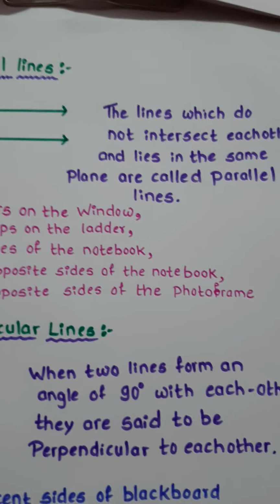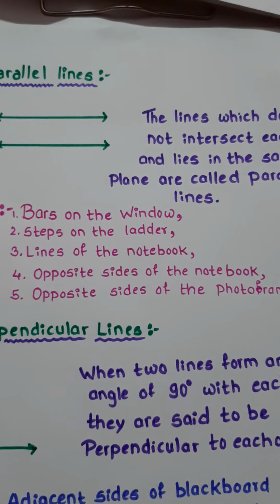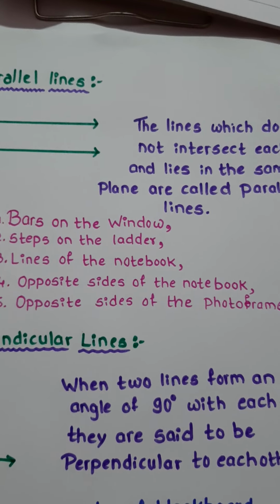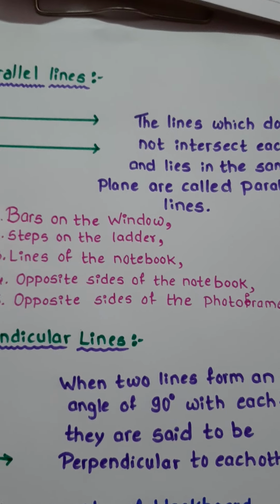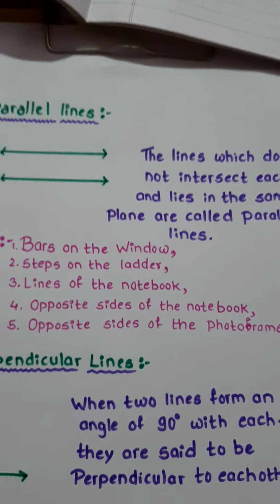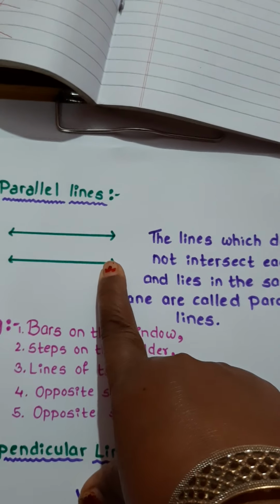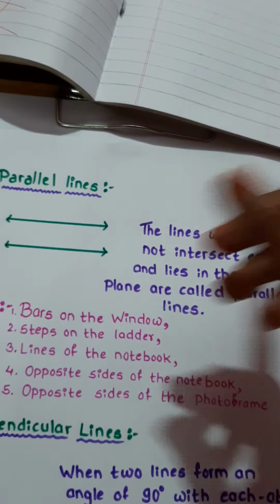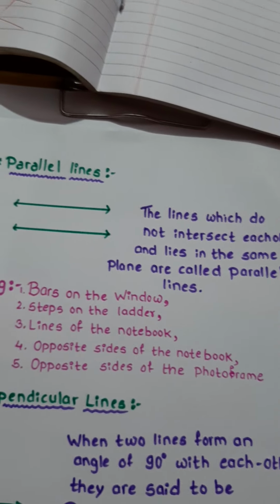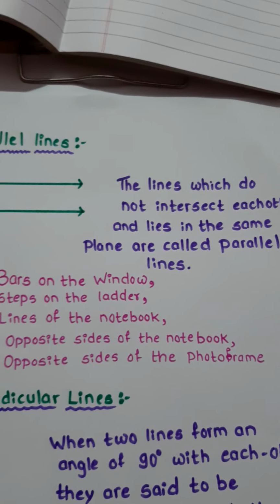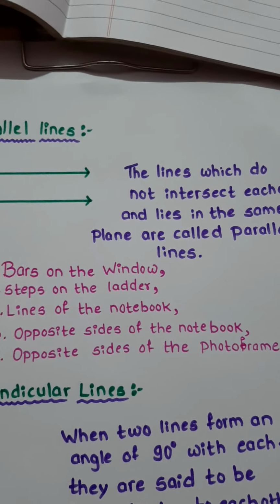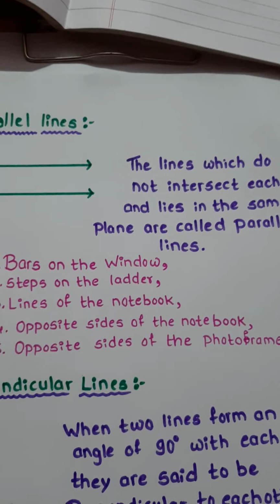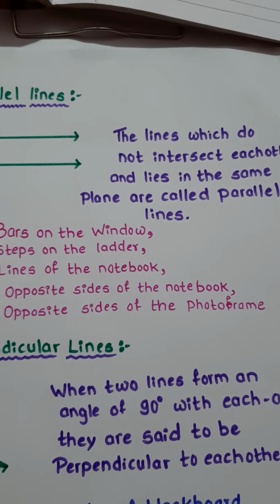The lines which do not intersect each other and lie in the same plane are called parallel lines. Suppose I draw one line here and one line on another page. Though they are not intersecting each other, they are not parallel because their planes are different. What is meant by plane?